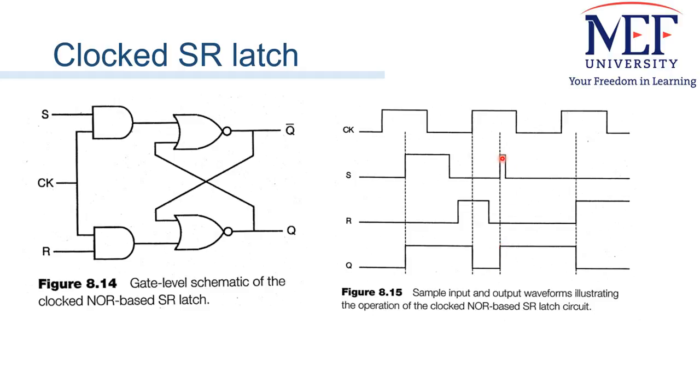So here set is 1, reset is 0, so output is 1. Output will remain 1 until a change occurs at S, R or clock. Here, at this point clock is 1, set is 0 and reset is 1, so output is reset.